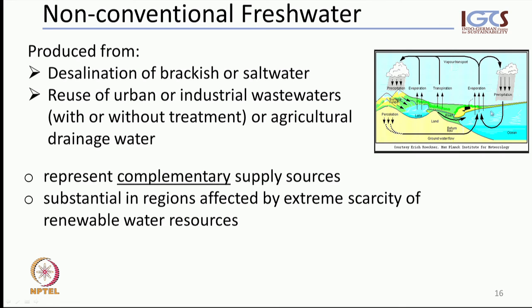Now, thinking of this, we have been looking at our water balance or water budget always from a freshwater perspective. We have not really factored into our water budgets or local water balances the saline or ocean water component.